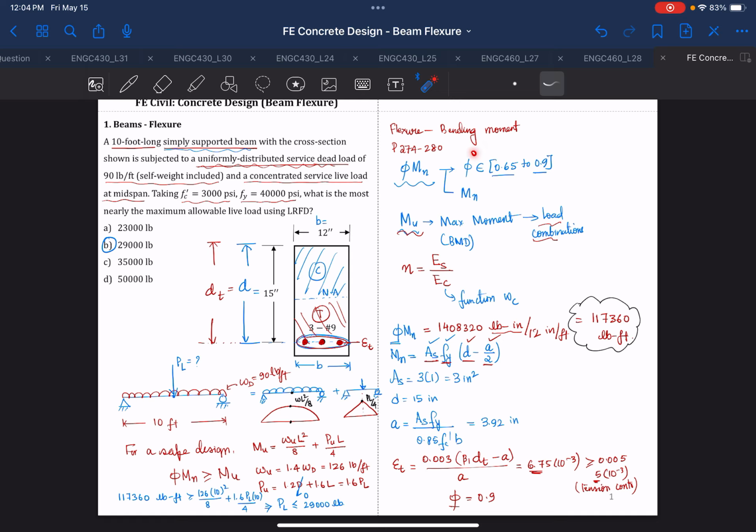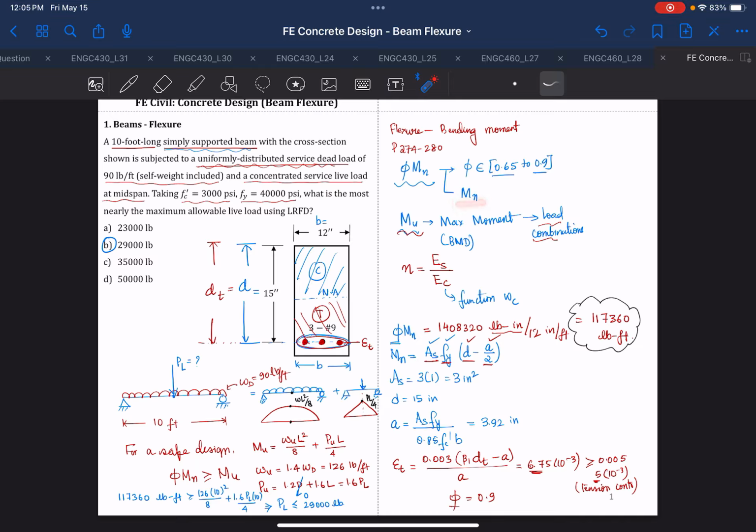How do you know which control it is? You have to calculate epsilon t. If epsilon t is greater than 5 × 10^-3, or 0.005, then it will be tension control. If it is less than 0.002, then it'll be compression control, and anything in between will be transition control.